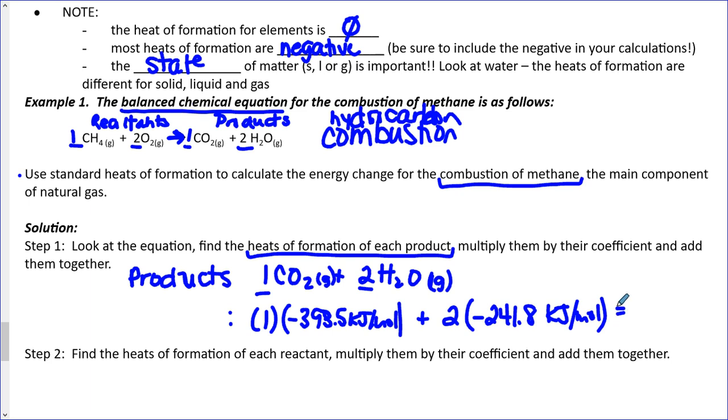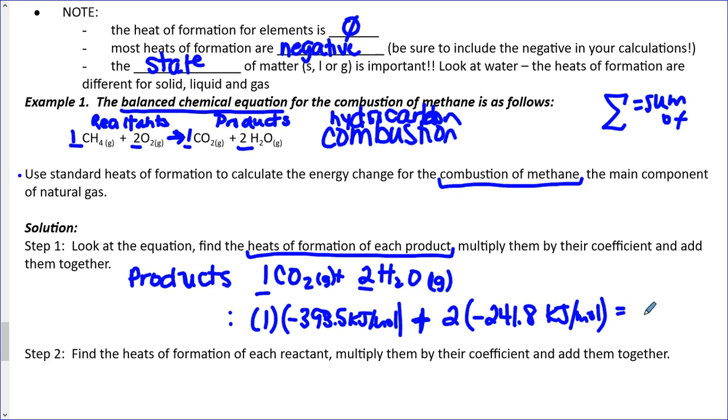Again, remember that fancy E, that's sigma. That means the sum of, meaning I'm adding them up. That's why I'm adding these two together. So the sum of those two together, again, those negatives matter.